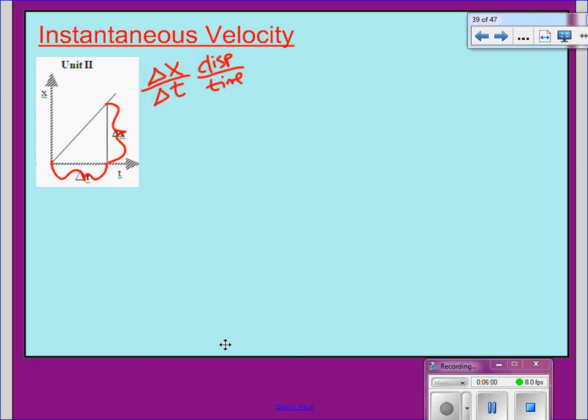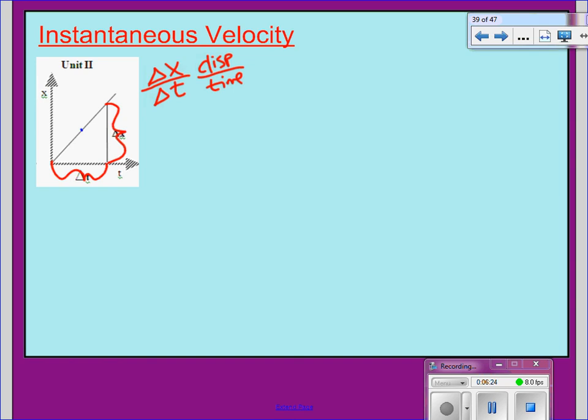Now, what if I asked you not what is the entire average velocity, but what is the instantaneous velocity? Or in other words, what is the velocity at a certain instant point in time? For example, what if I wanted to know what is the velocity right at that unit of time? Well, remember, you can take the velocity by figuring out what the slope is at that point.